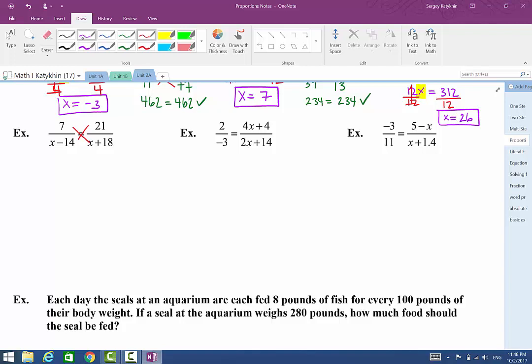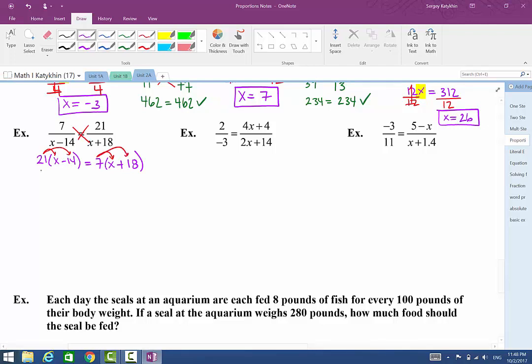So again, I'm going to start with cross multiplying. I'm going to take 21 times x minus 14 is equal to 7 times x plus 18. So notice I have to use distributive property on the left side and on the right side.